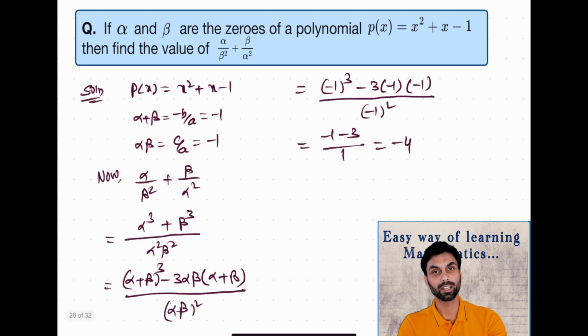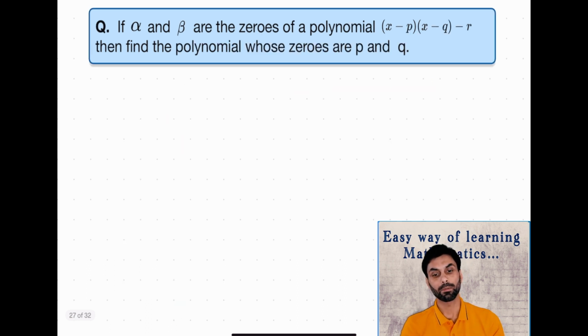And this is how we can solve these types of questions, where we know either the zeros, or the sum of the zeros and the product of the zeros, and they give some expression whose value we have to find. The next question is: if alpha and beta are zeros of a polynomial x minus p into x minus q minus r, then find the polynomial whose zeros are p and q.